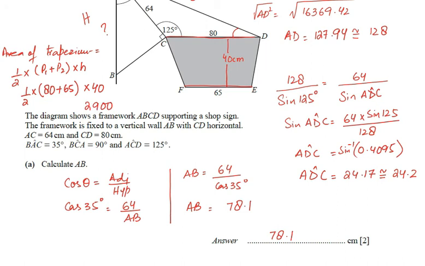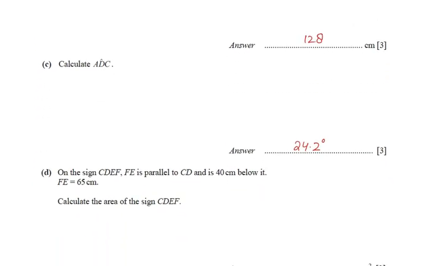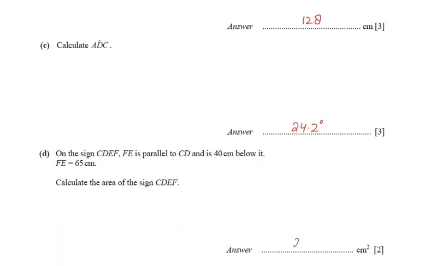So the area of this trapezium CDEF is 2900. When we write this answer in the answer space, it is 2900, and as it is an area, the unit, centimeter square, is already mentioned. Here you will write the answer like this: 1/2 into 80 plus 65 into 40, and then when you simplify this, the answer is 2900.